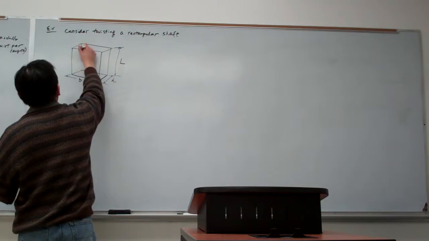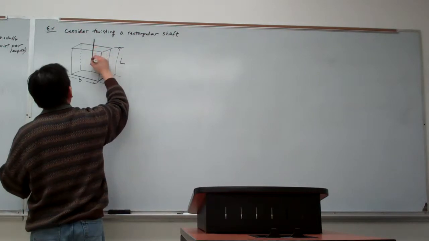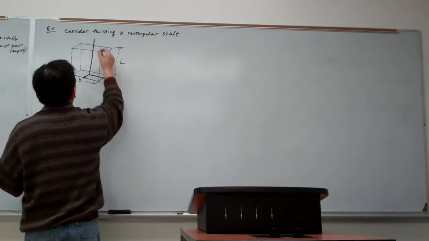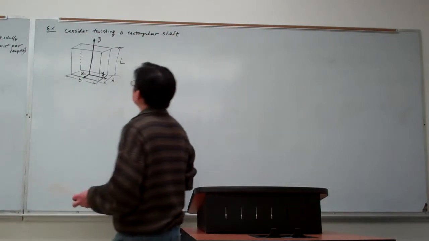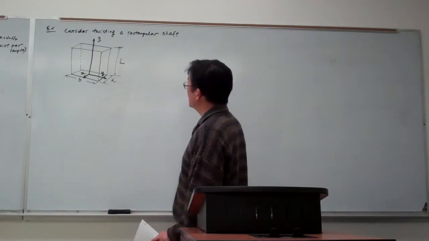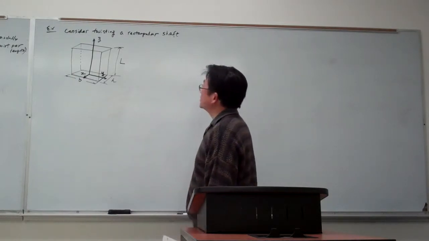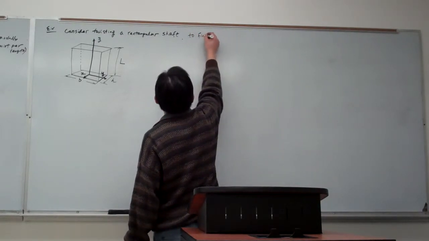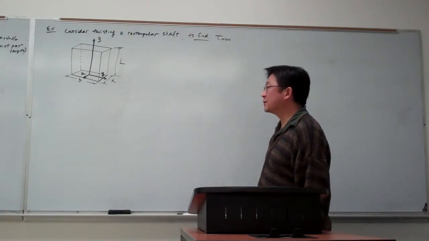And in this way, let me give the coordinate system. This is Z, and this is X, and this is Y. So for this problem, the interest is to find the maximum tau.